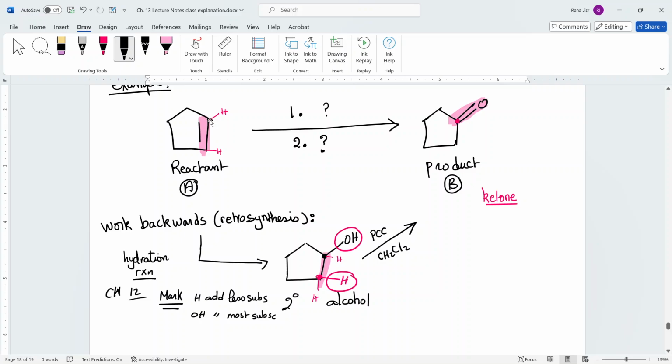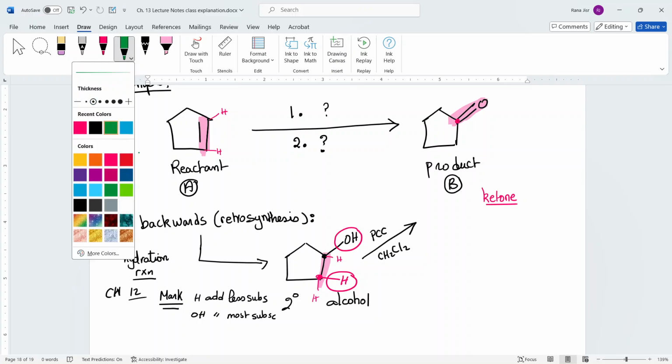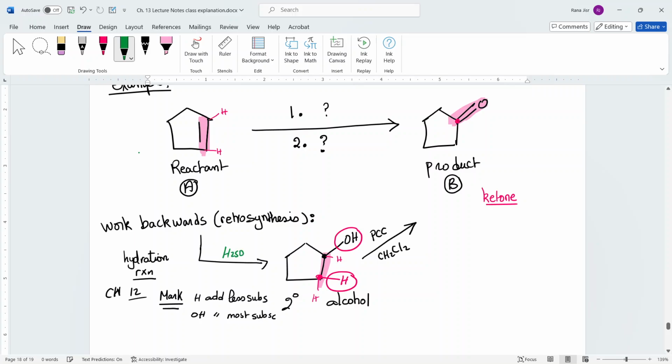And I will end up having an addition of the OH and the hydrogen. The reagents that I'm going to use for this reaction are H2SO4, the hydration reagents that we talked about. So H2SO4 in presence of water.